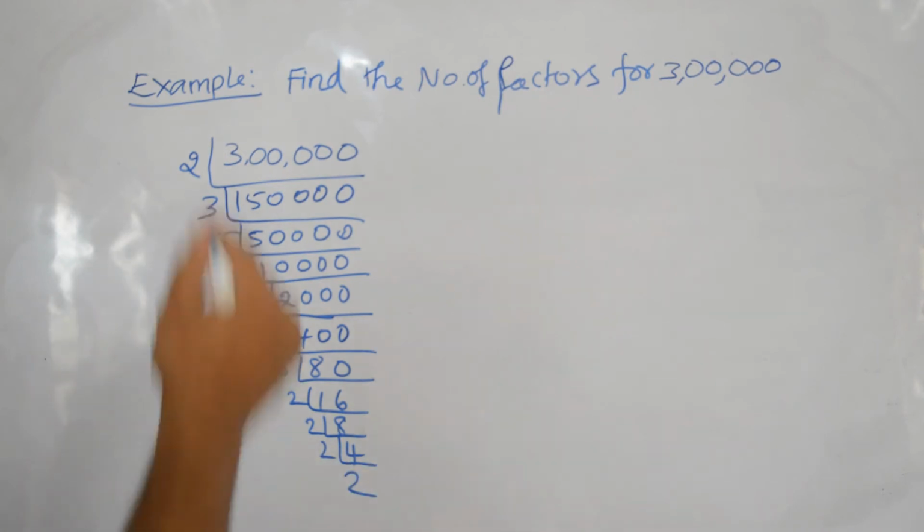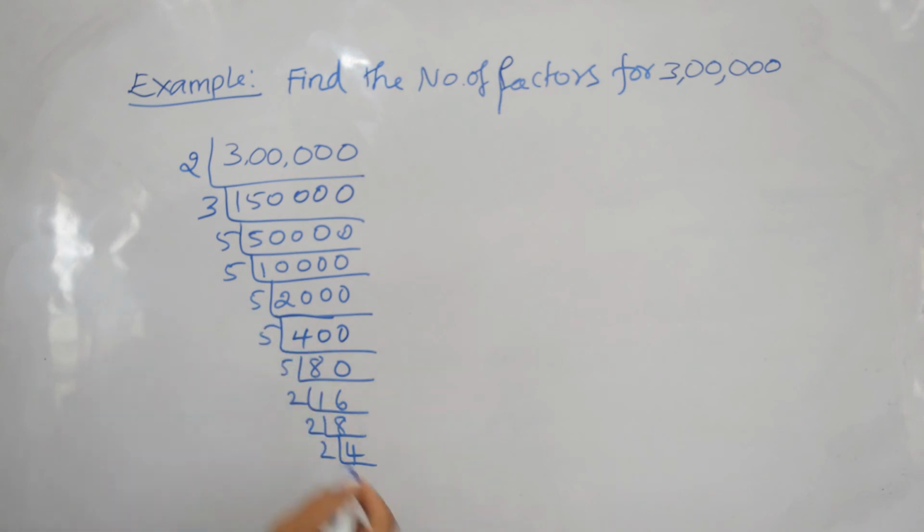So we have expressed 3 lakh in terms of the prime numbers 2, 3 and 5.